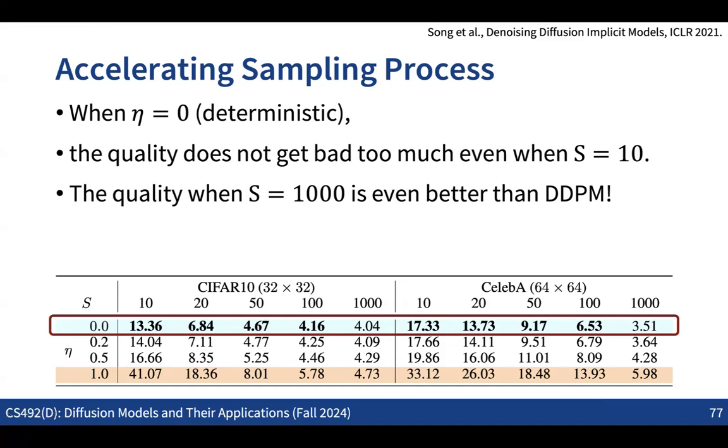So long story short, the conclusion is that if we want faster generation while still achieving good quality of the outputs, we can consider not using the DDPM, but using the DDIM, while making the process close to deterministic, decreasing the weights for the stochastic parameters for the variance. And we can see that DDIM is some kind of generalization of the DDPM. That's also what we need to implement in assignment two.